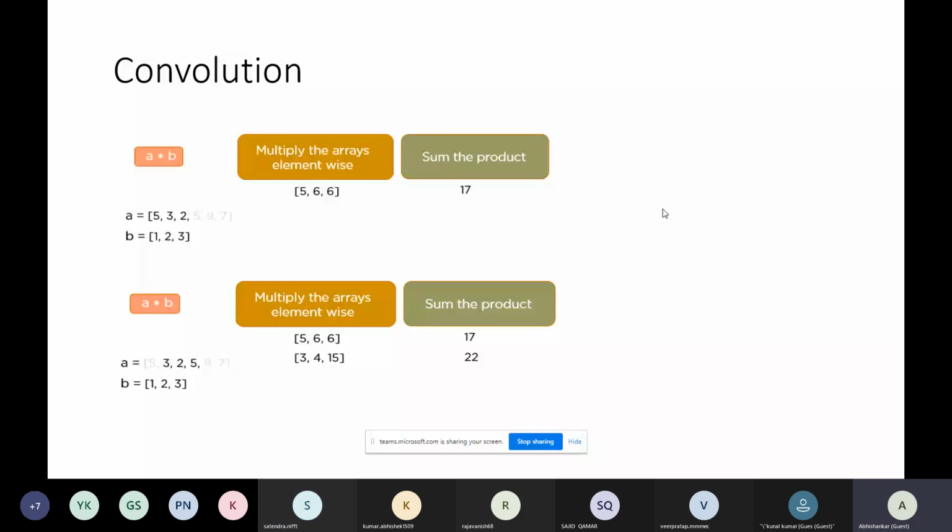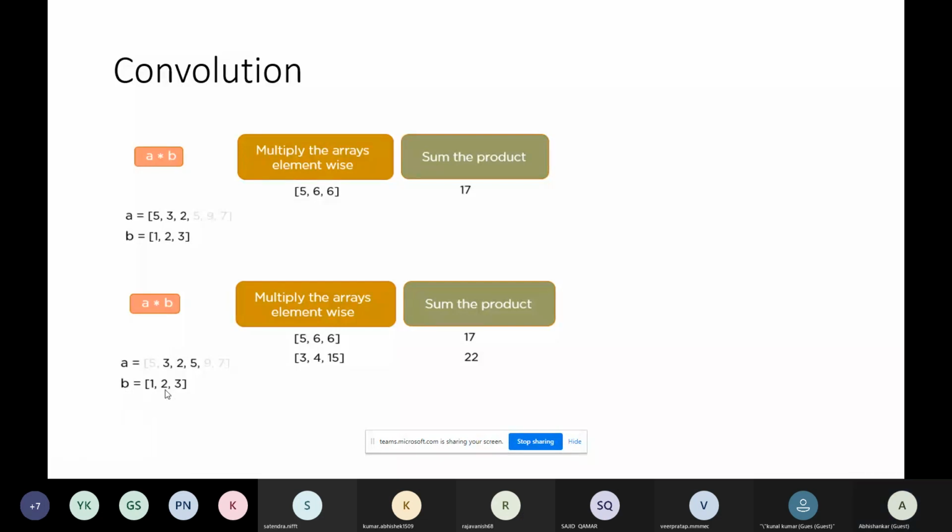Next time, we have to do this with all the elements because there are 6 elements. Every time we have to do the same operation. Now we leave 5 and take the next 3 elements and multiply with 1, 2 and 3.